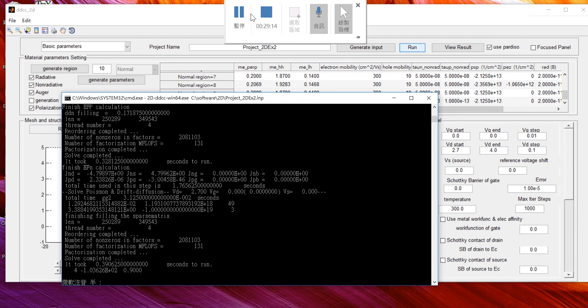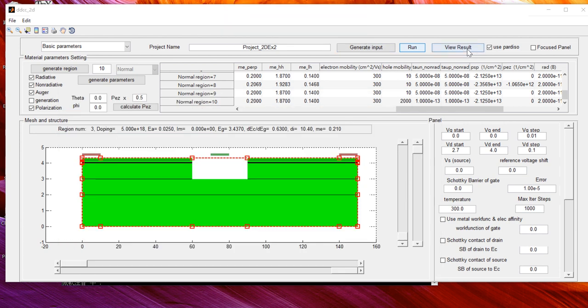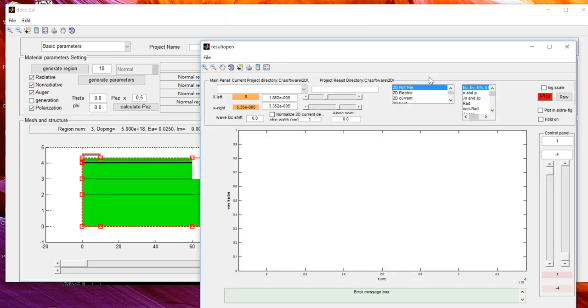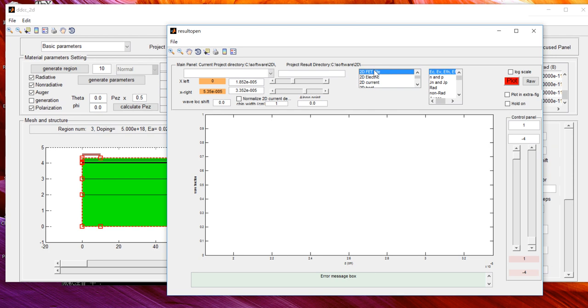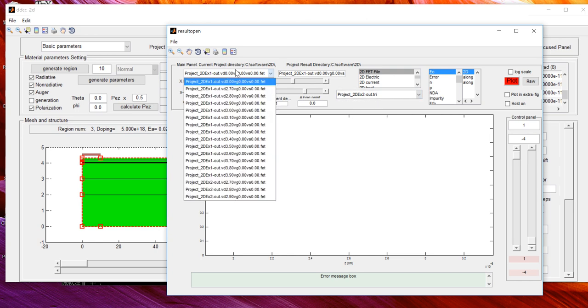Okay, so let's look at some results to see if our setting is right or wrong. Remember, now the file is ES2, so go to ES2, and 2D ES2.